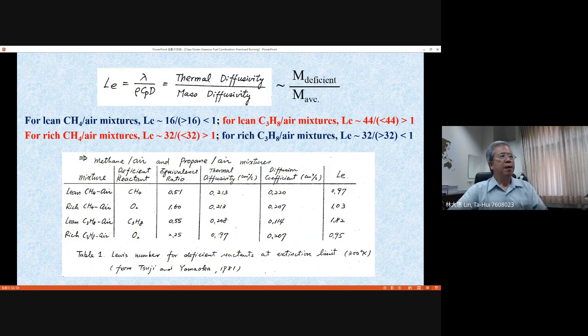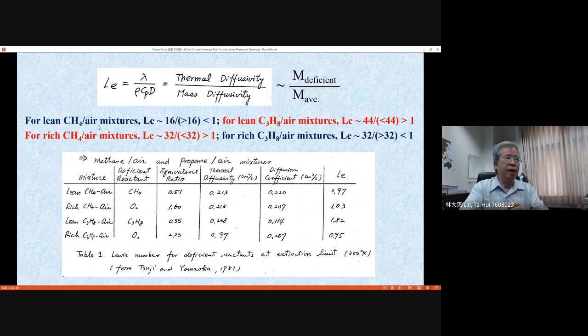The first one: if you think about the lean methane-air premixture, this Lewis number can be evaluated approximately. This is lean methane, right? And which one is the deficient one? Methane is the deficient one. In the numerator here you have 16, the molecular weight. But in the denominator you think about the methane mixed with air. Air consists of nitrogen and oxygen, both of which have molecular weights much higher than methane.